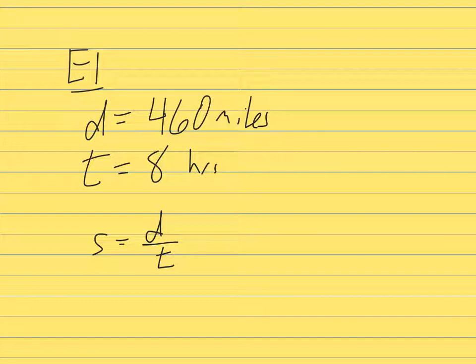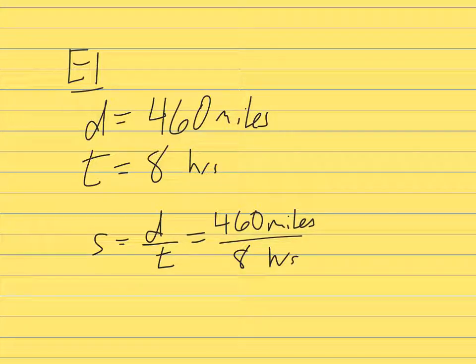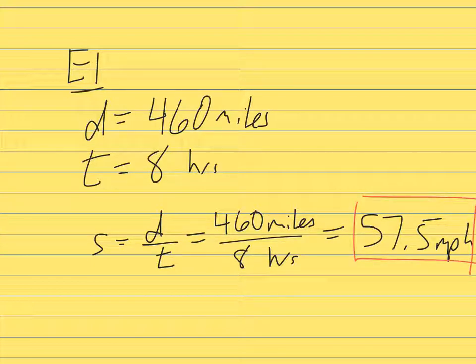There are 2 different ways we can do this. We can just plug in our numbers, distance and time: 460 miles in 8 hours. When we do the division, 460 divided by 8, that gives us 57.5 miles per hour. Great. So that is one method. The more physicsy method would be converting your units into metric.